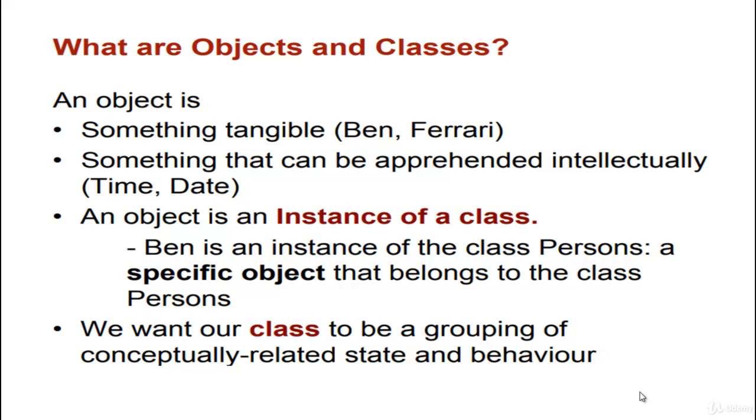So an object is an instance of a class, and we want our class to be a grouping of conceptually related state and behavior. So if you look at again an object, it's something tangible.